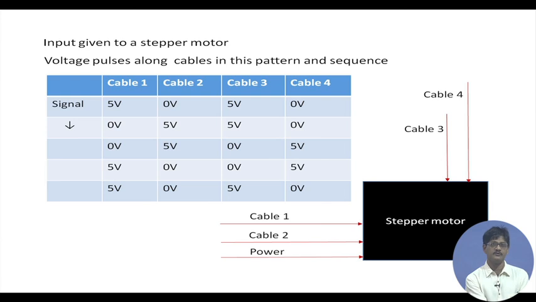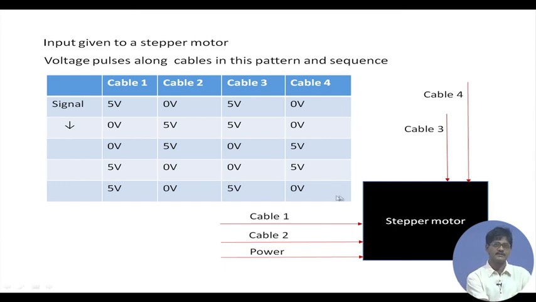This cycle of 4 signal patterns will be getting repeated over and over again. And what would be the response of the stepper motor? The stepper motor simply would be taking one step after another corresponding to every change of this particular pattern.